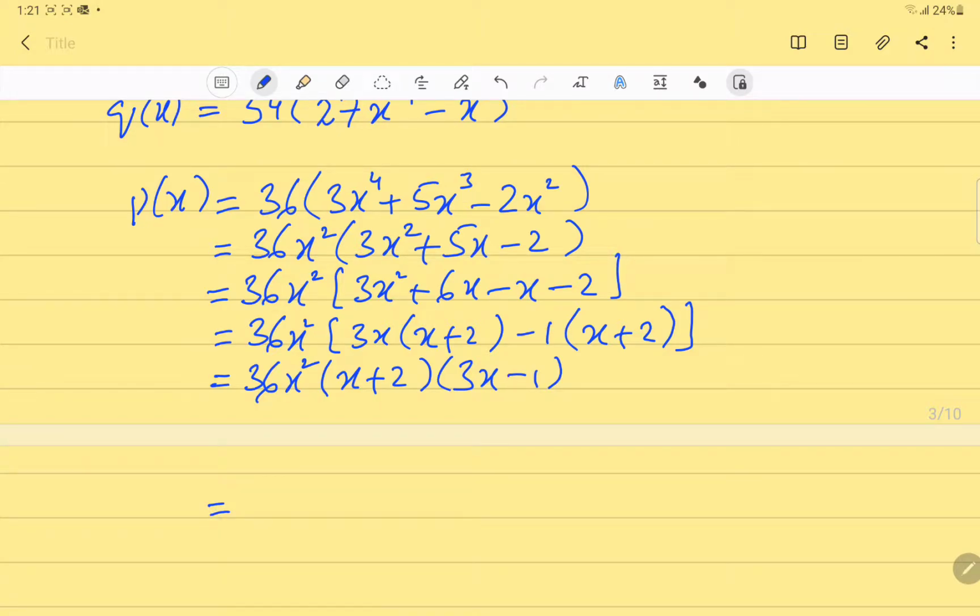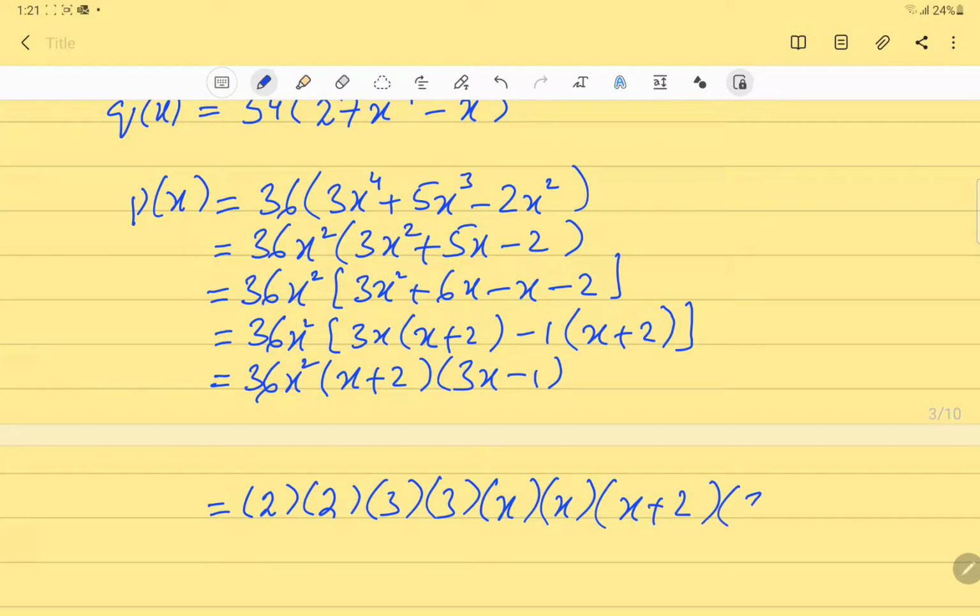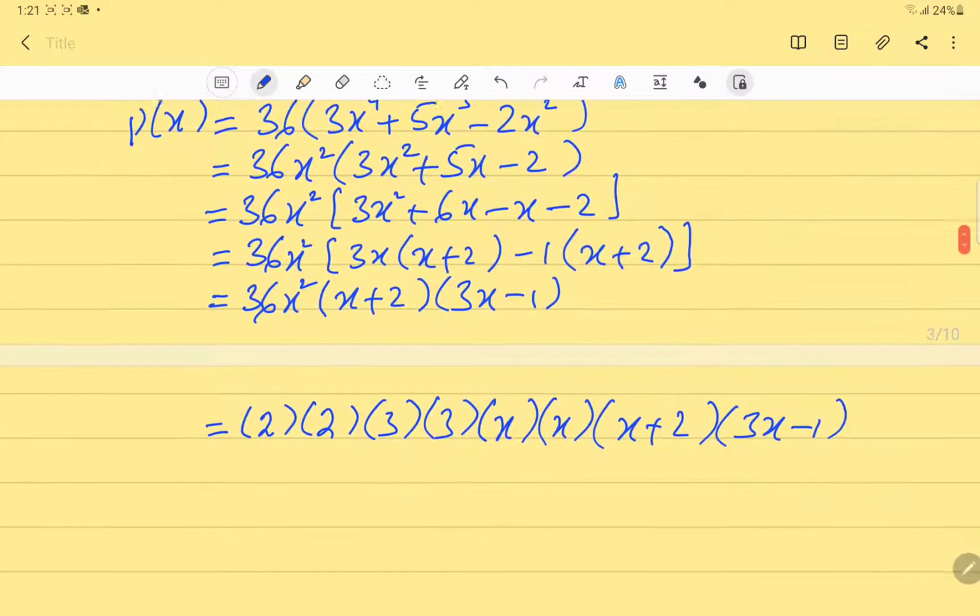Again here what we have to do, we have to factorize 36 also as a number, and x squared we will also write as x multiplied by x. So what will be the factorization of 36? It is 2 into 2 into 3 into 3. 2 into 2 is 4, 4 threes are 12, and 12 threes are 36. And x we will also break down. So this is the factorization of our first expression.